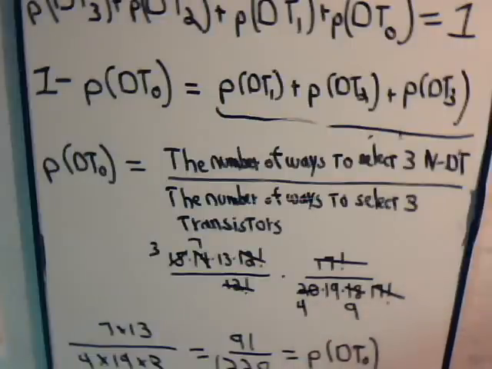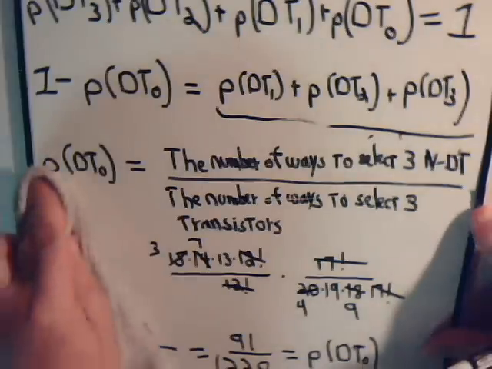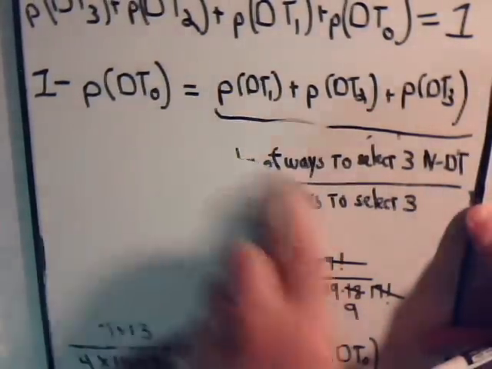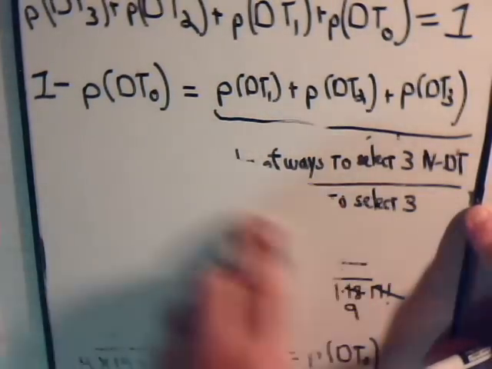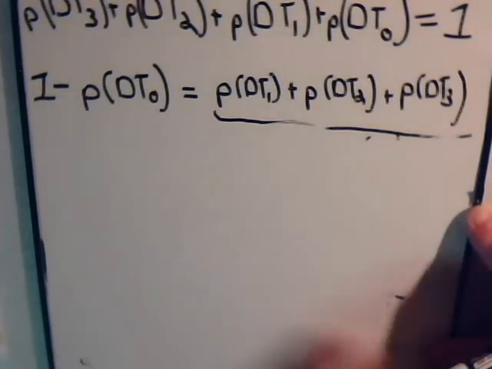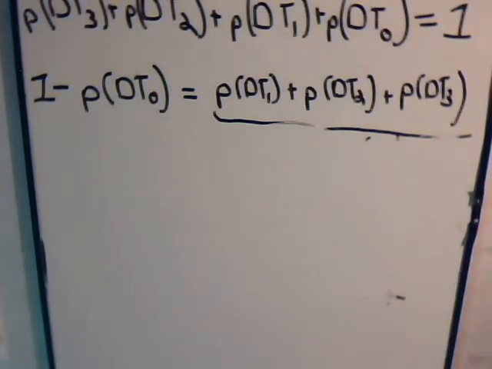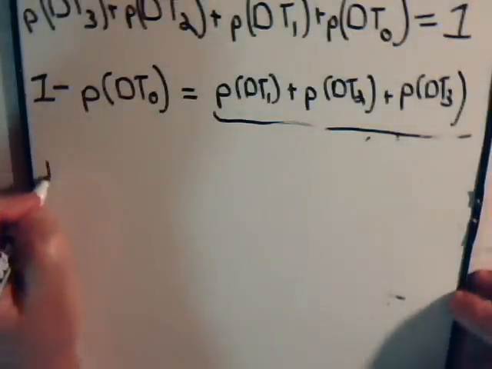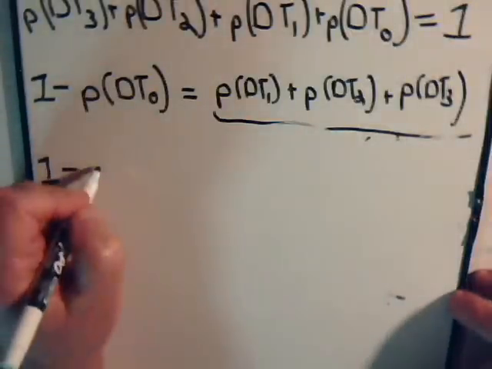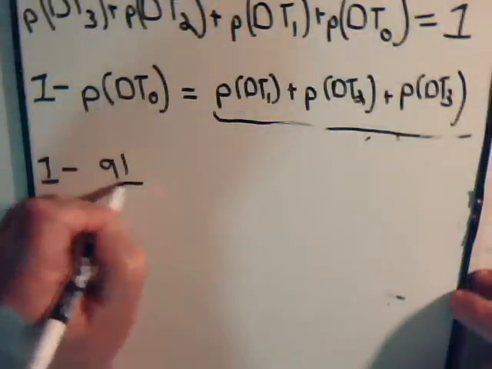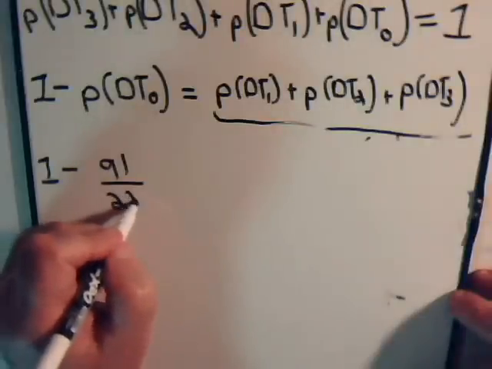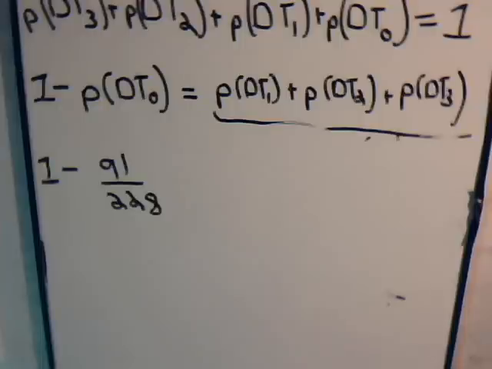Collectively, we could say that would be the probability of selecting at least one defective transistor. So this is 1 minus 91 over 228.